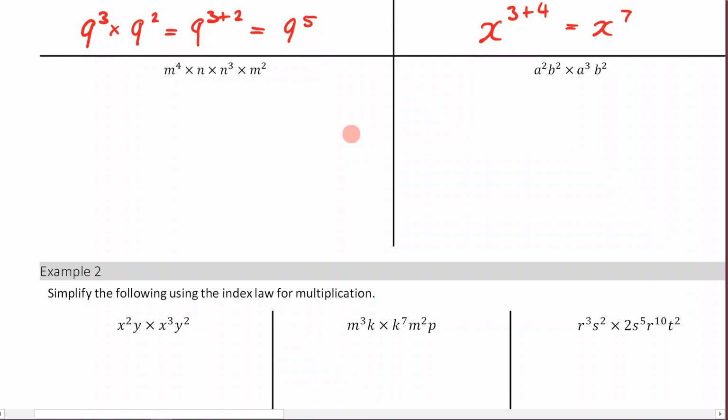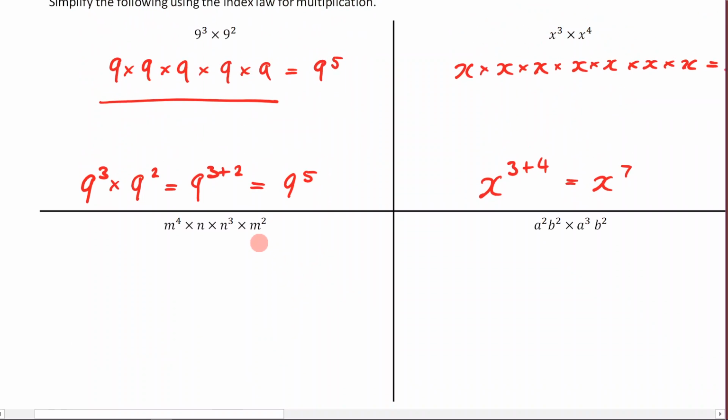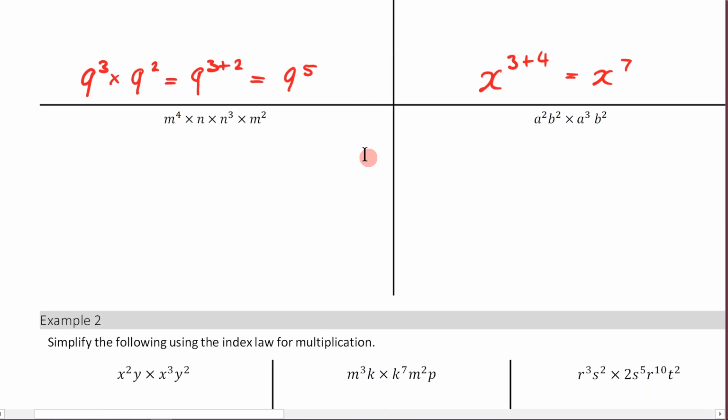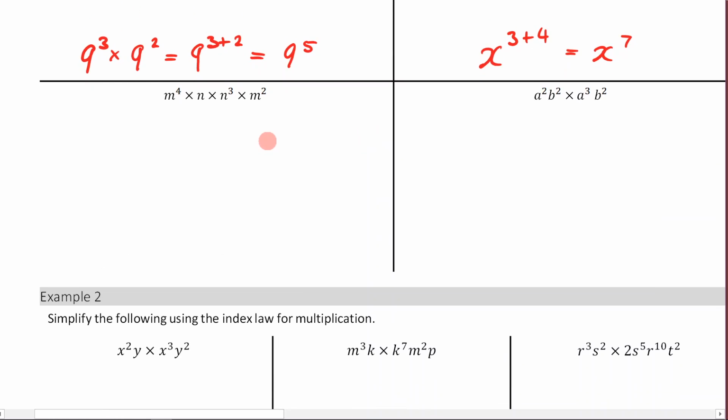Now, this one's very important because it shows us the importance of this sentence right here. This says, when multiplying powers with the same base, they have to have the same base. If they don't have the same base, you can't add the indices. So in this case right here, what we would first do is we would say, all right, I have m to the 4, and I have m squared.